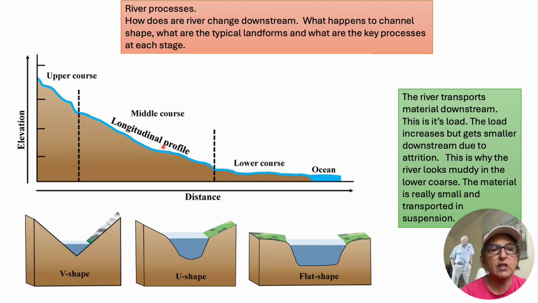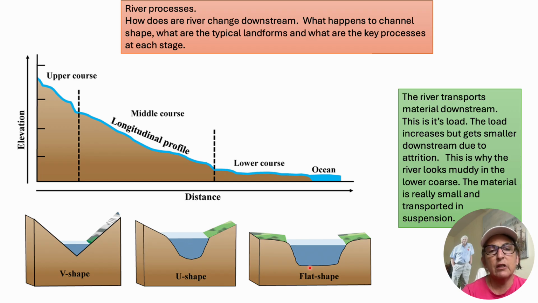Look at how the shape of the valley changes. In the upper course, it's a V-shaped valley, big angular rocks called load in here, so V-shaped valley. Then as more water gets into the channel, it starts getting more U-shaped. Be careful, don't confuse that with glaciation. Okay, but it gets wider and deeper because the river can erode laterally, sideways, as well as vertically downwards.